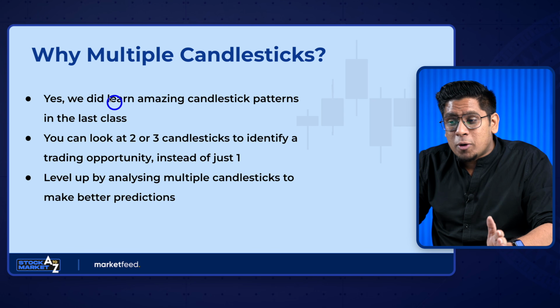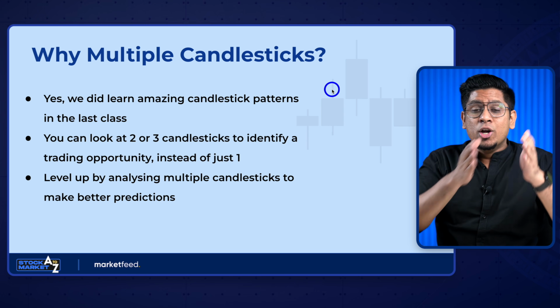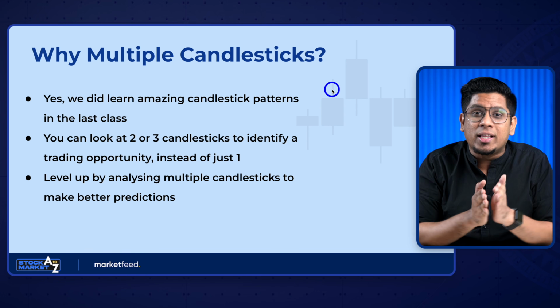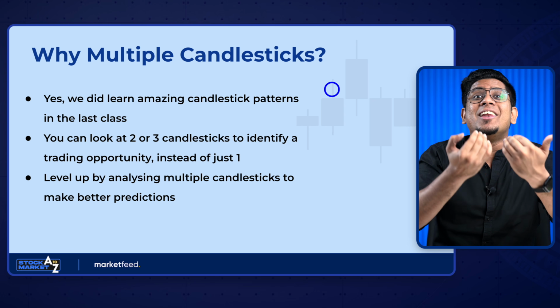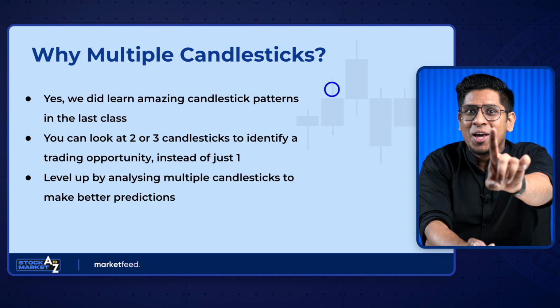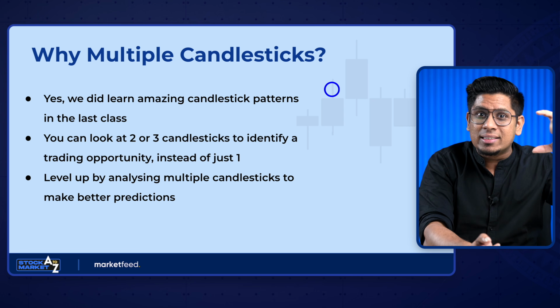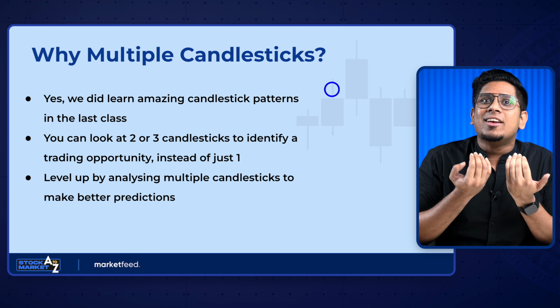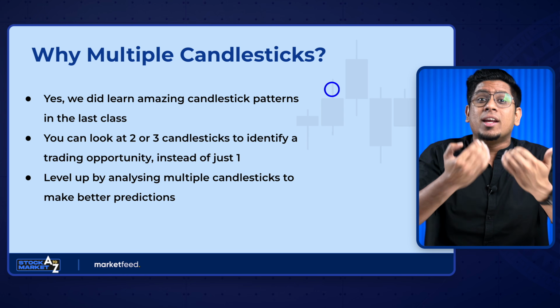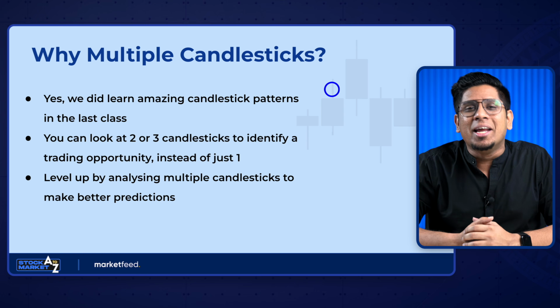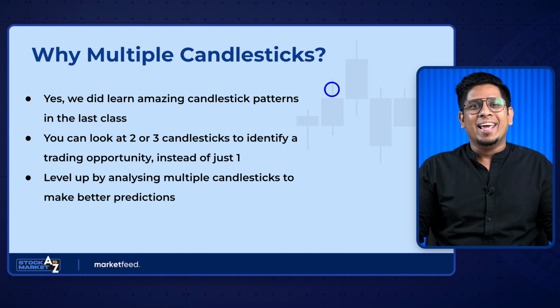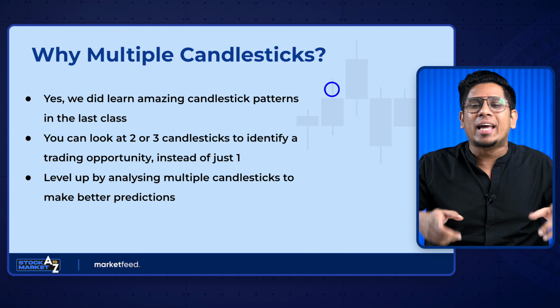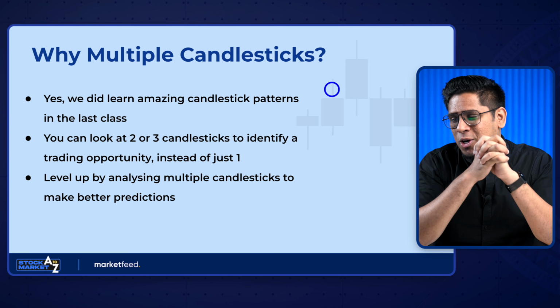That's exactly what multiple candlestick patterns are: 2 or 3 or 4 candlesticks coming together, forming a pattern which is telling a larger story to us. We learned in the last video that a single candlestick tells us some stories. Now maybe 2 or 3 candles coming together can tell us a larger story, can give us an even higher probability prediction of the future. Amazing, right? Then the question is, why not learn about that? And that's exactly what we are going to do in today's video.